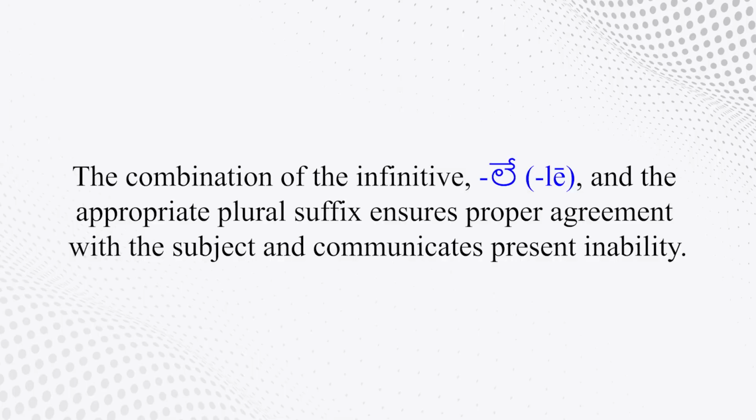These sentences clearly show that just like positive forms, negative abilitative forms in Telugu can also apply to non-human plural subjects, indicating what they cannot do at the present moment. The combination of the infinitive, lay, and the appropriate plural suffix ensures proper agreement with the subject and communicates present inability.